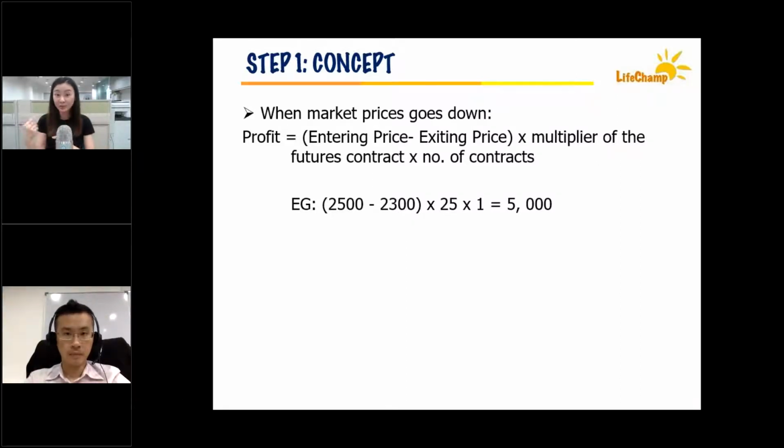So the difference is 200 times 25, the tick size value, times one contract. So you are actually making 5,000. The same thing, if you short a contract at 2,500, but the price went up against you, the same formula also applies, but it's negative.